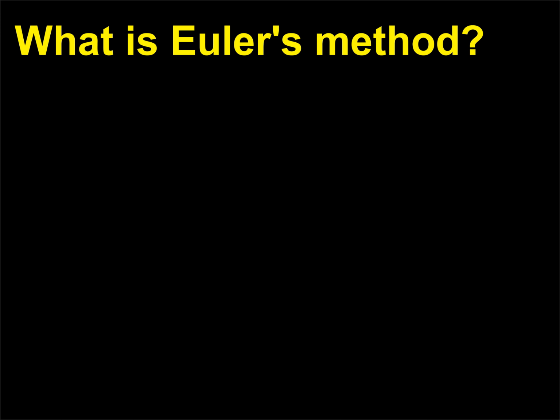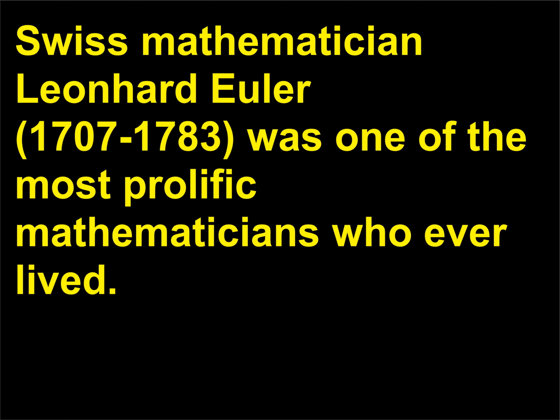What is Euler's method? Swiss mathematician Leonhard Euler, 1707 to 1783, was one of the most prolific mathematicians who ever lived.